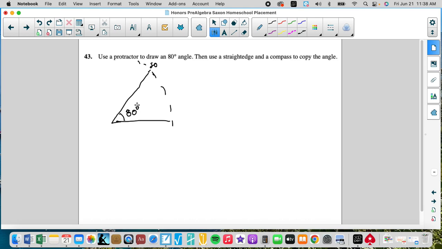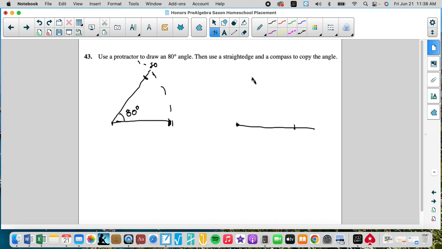Now, then use a straight edge and a compass to copy the angle. So in order to copy it with a compass, you again draw a straight line, you put a dot there, and you're going to replicate it. You're going to take your compass and measure this distance with your compass, and you're going to hit a little arc.